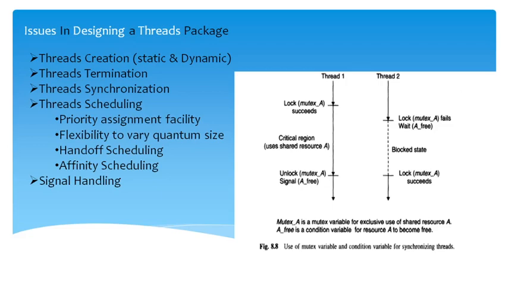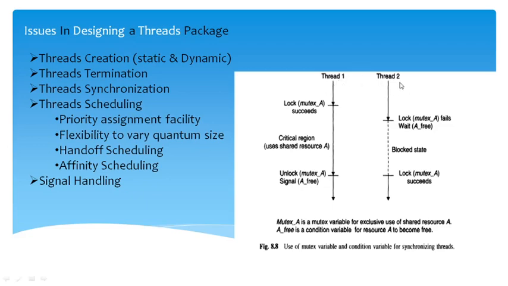So thread scheduling scheme may provide some flexibility to the programmer. Why? Because assigning priorities to various threads of an application will ensure the important ones will run first. Okay, means thread 1 and thread 2 are there.